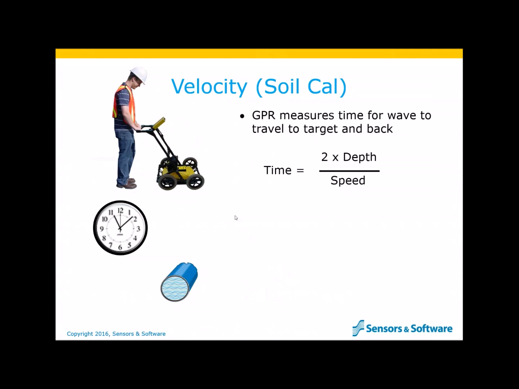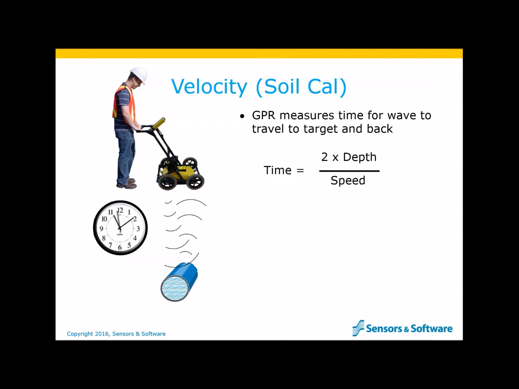Here's a little bit of math to explain how this works. Remember that GPR systems do not collect data in depth. They collect data in time. A GPR system is a very accurate clock that measures the time it takes the signal to travel from the transmitter into the subsurface, reflect from an object, and return to the receiver on the surface.